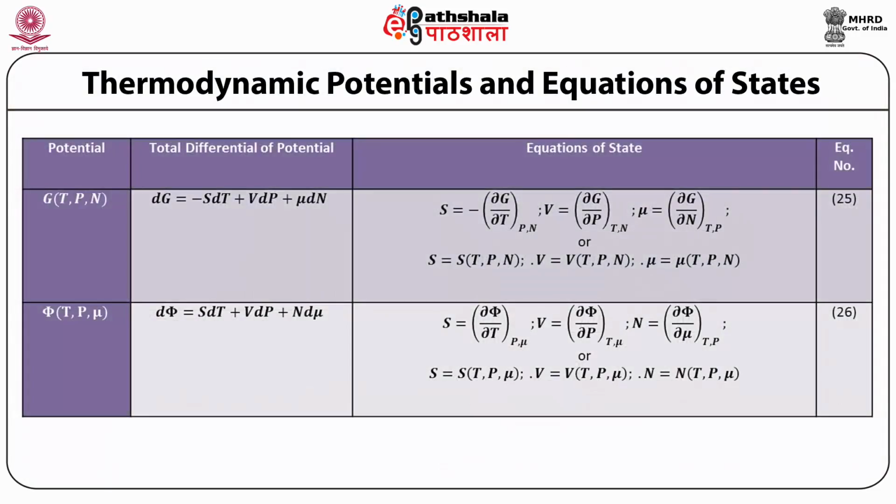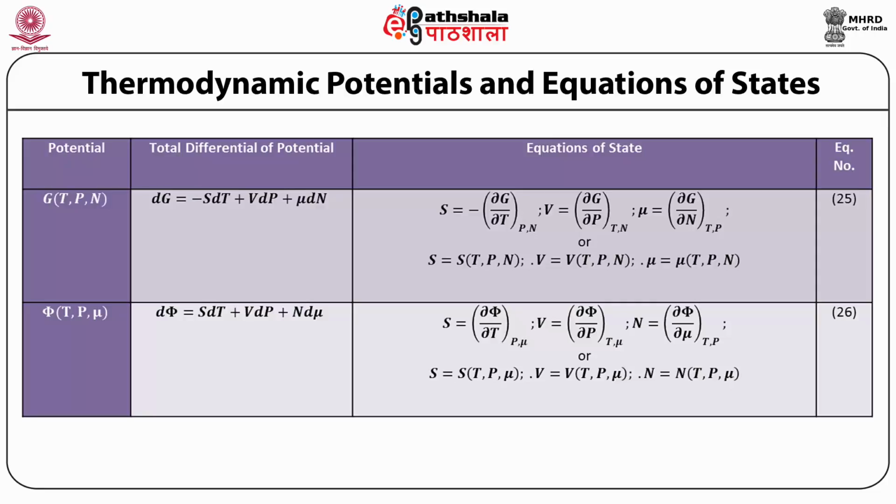Similarly, in the case of Gibbs thermodynamical potential and Grand thermodynamical potential, we can write down the corresponding equations of state. In the case of Gibbs thermodynamical potential, the equations of state which we get are functions of T, P and N for entropy, volume, and chemical potential.